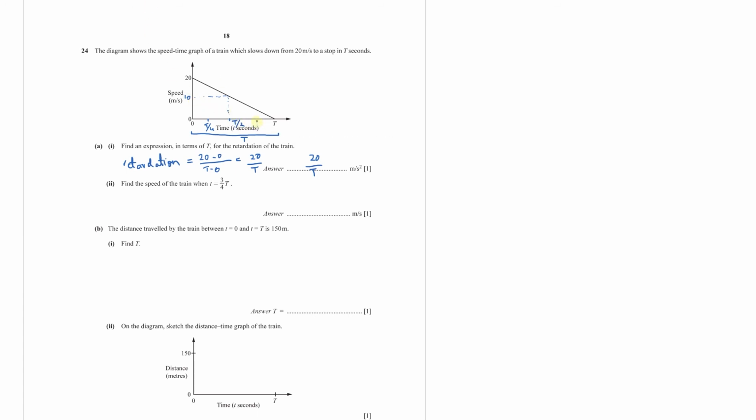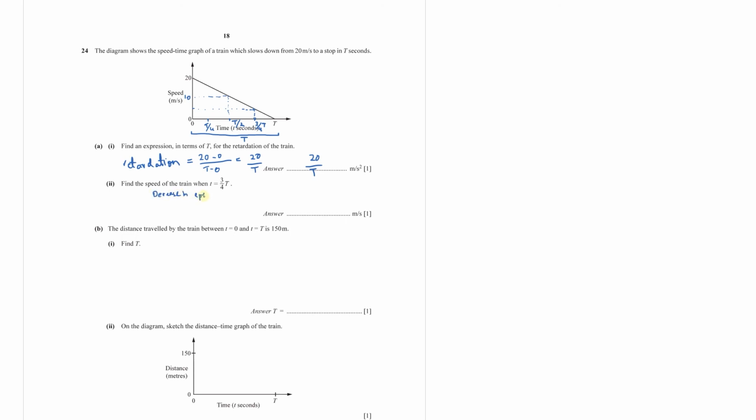So this point here somewhere would be 3 by 4 capital T. If this is 3T by 4, that means the speed has reduced to 3/4. Speed was half after half the time. So after 3/4 of time T, your speed would have decreased by 3 by 4 as well.